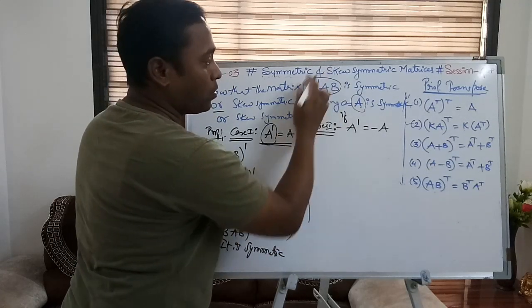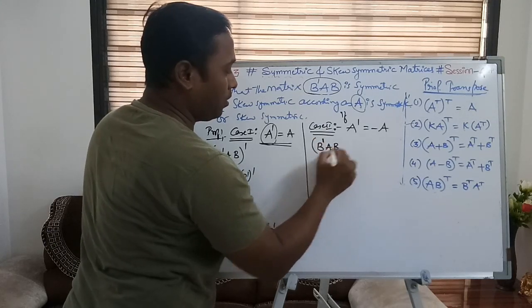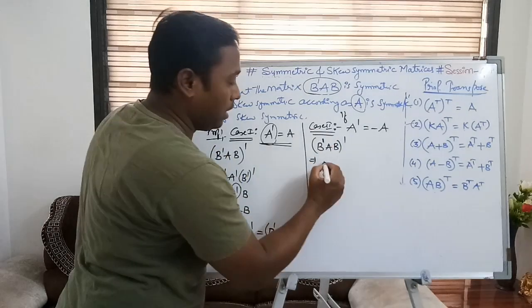Now what is the transpose of this operation B dash A B? इसका ट्रांसपोज क्या होगा?